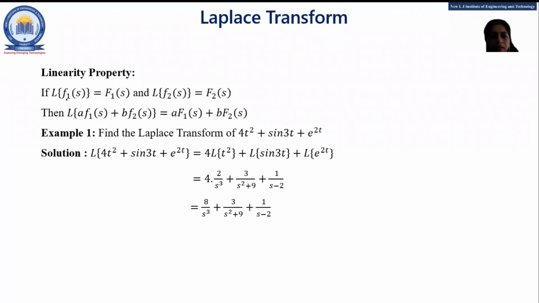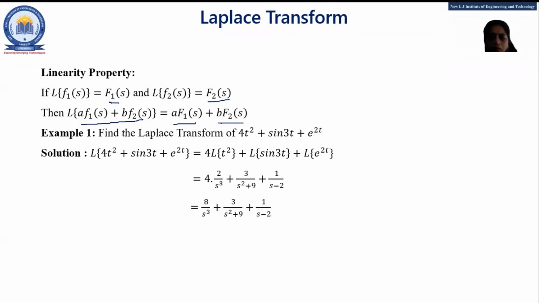That is, if Laplace of f1(t) is equal to capital F1(s), and Laplace of f2(t) is equal to capital F2(s), then Laplace of a f1(t) plus b f2(t) is equal to a F1(s) plus b F2(s). Students, it is easy. Here we can apply the Laplace on both the functions separately if there is a plus or minus sign between two different functions.